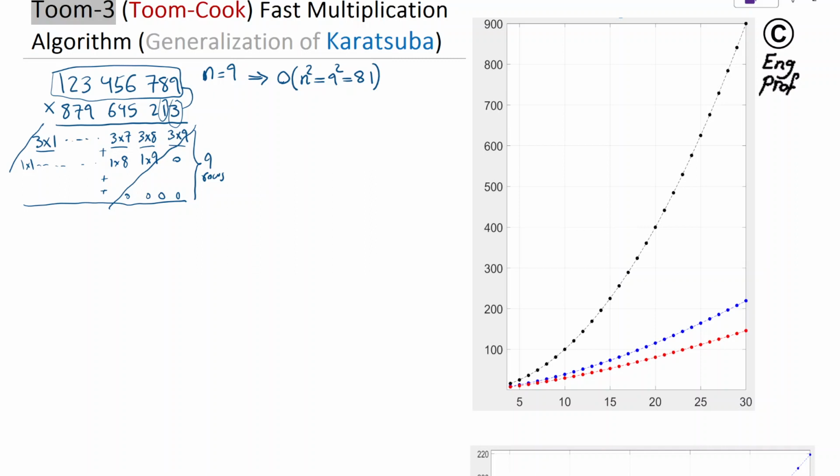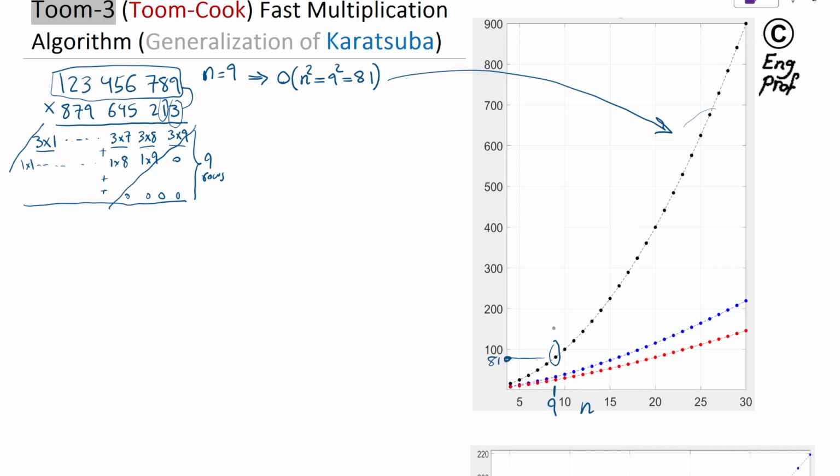So naturally the next question is, okay, if we visualize that, which is this, what this black curve is doing here with the dots, on the x-axis you have the number of digits. For instance, in this case we have 9, and you can see that the black dot here indicates 81 multiplications needed on the y-axis.